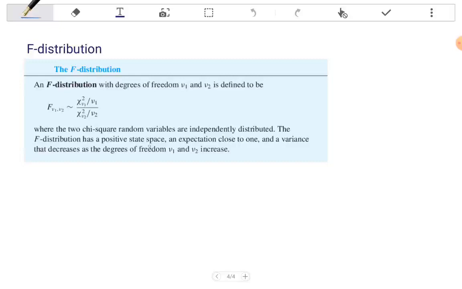It has a positive state space and expectation close to 1, so at least almost 1, and the variance will decrease if we increase these two degrees of freedom. Okay, so again, these distributions are just given to you here, and we will use them in statistics later.